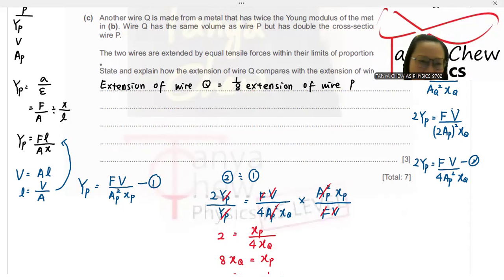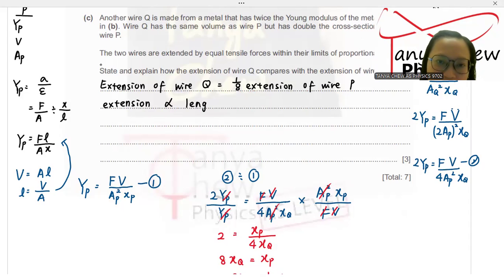Okay, first of all, extension, you can just write it. Extension is directly proportional to length. And extension also inversely proportional to Young modulus.